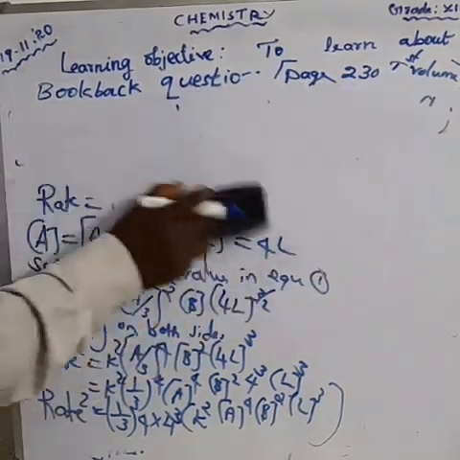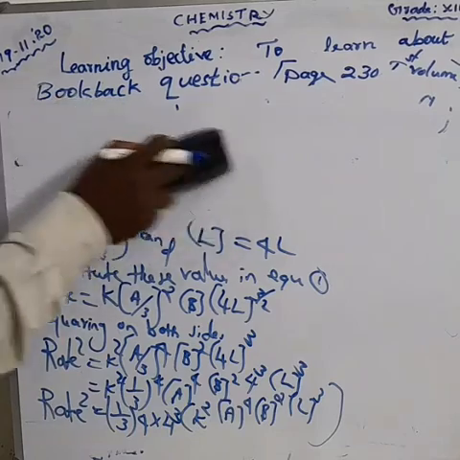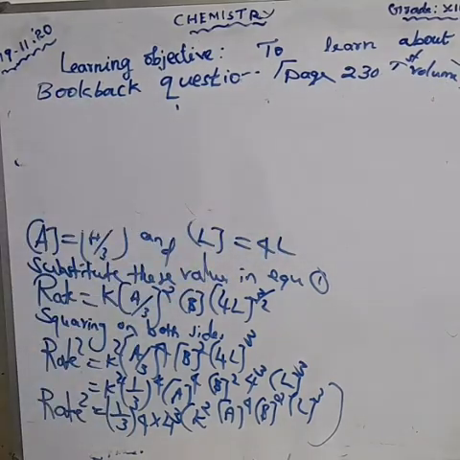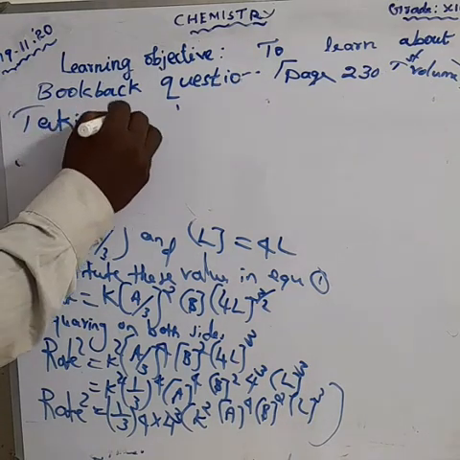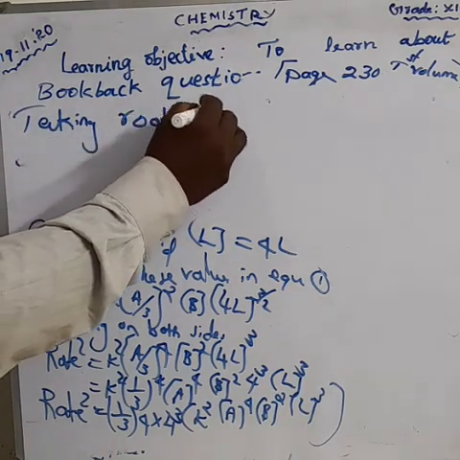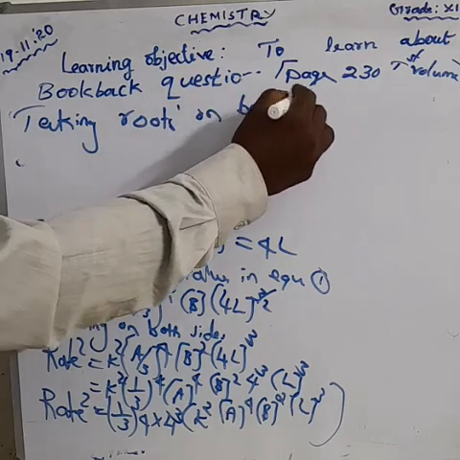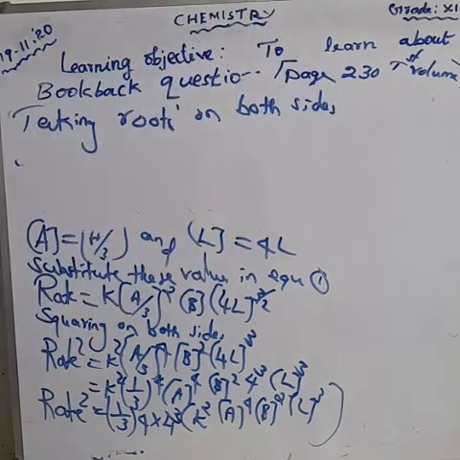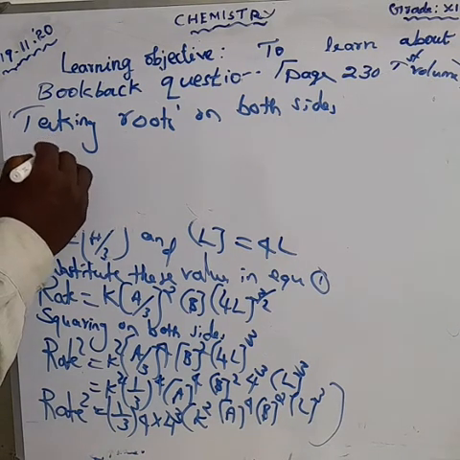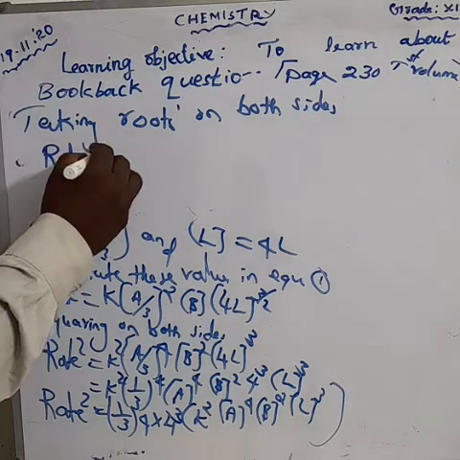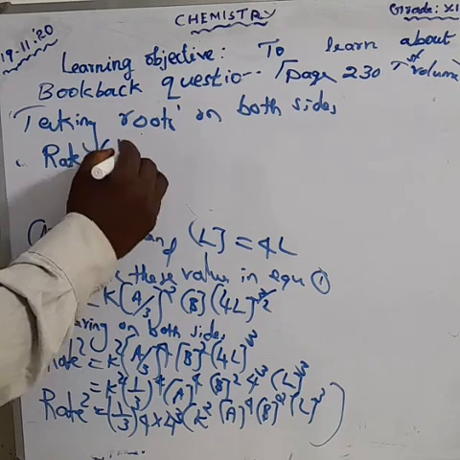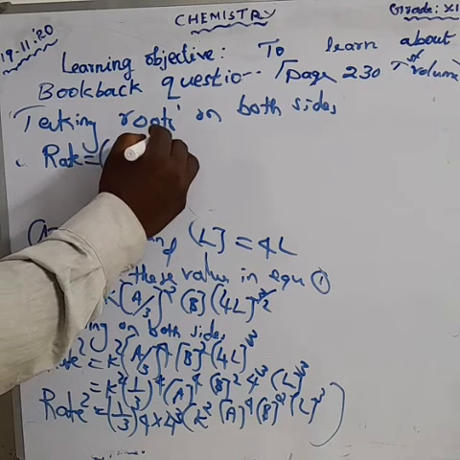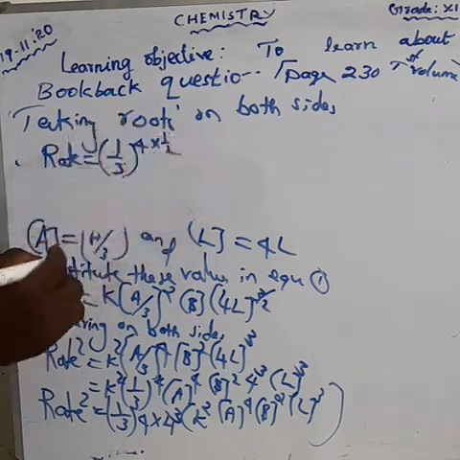So how will you take the root? That means rate is equal to 1 by 3 to the 4 into 1 by 2, like that we can write.